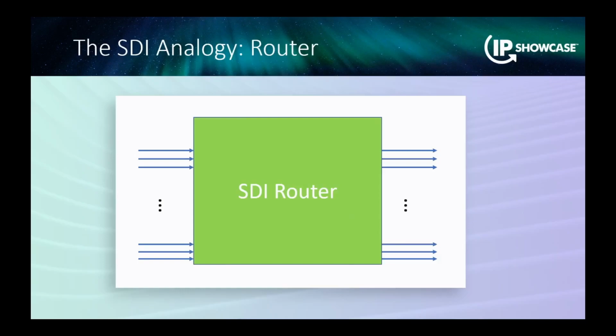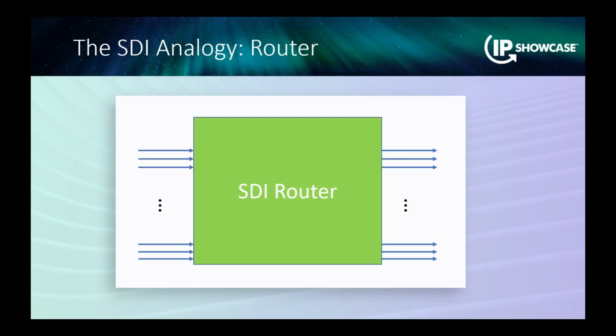So in the traditional world, we had this SDI router, which was pretty much a black or a green box, or however, and you had your input and output signals. And a couple of years ago, when we first talked about these systems, there were presentations where in a system, just the SDI router disappeared, and then a network switch was put into place.